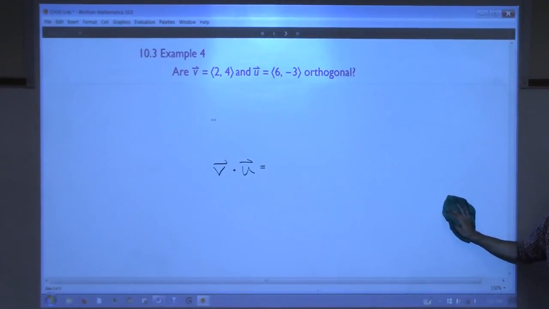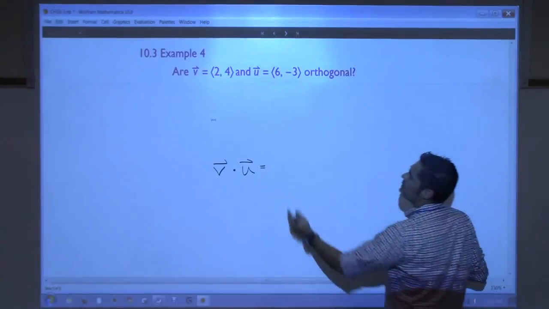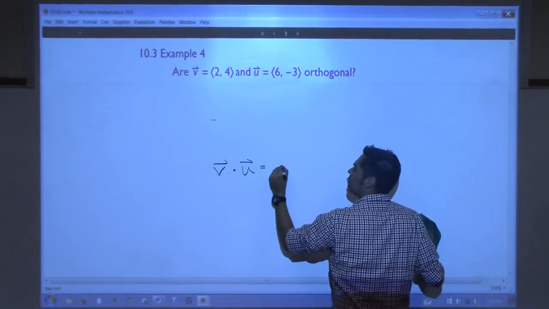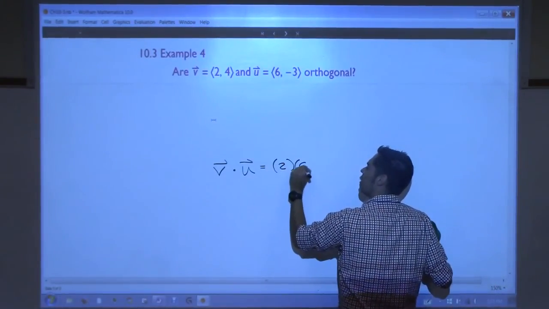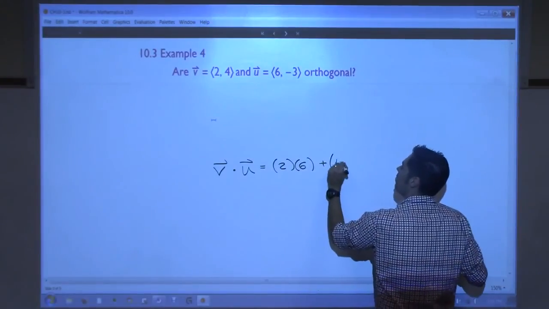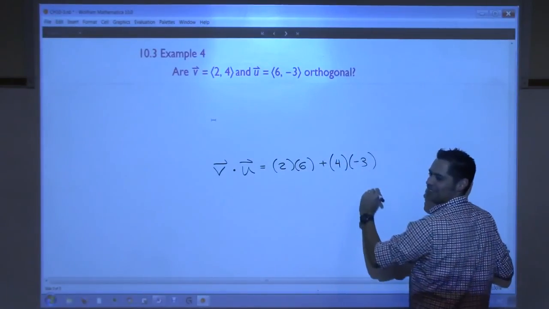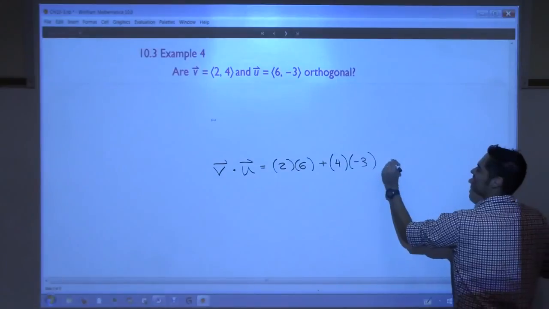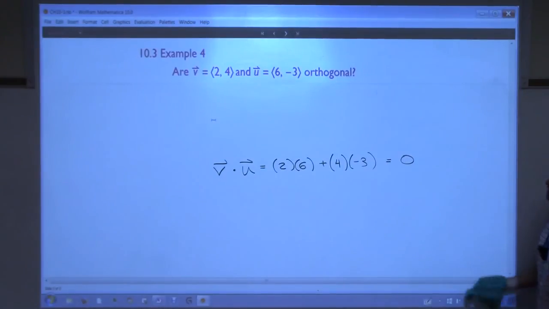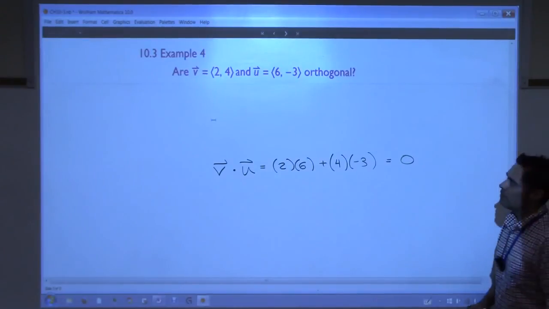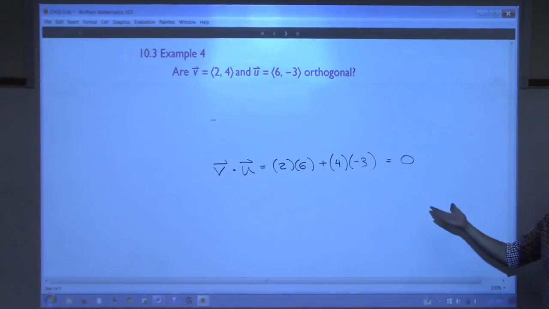Because it's commutative. Okay, so dot it. 2 times 6, that's what we're doing, plus 4 times negative 3, which is 0. Are they orthogonal? Yes. Isn't that a nice check?